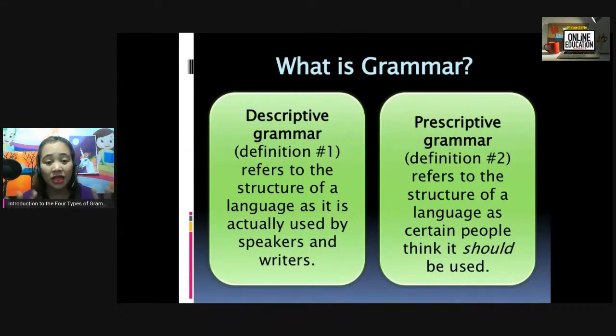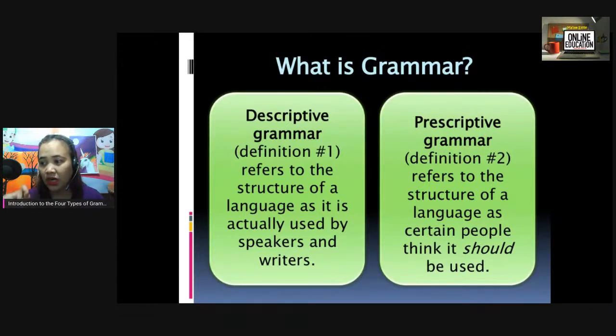So, descriptive grammar: the structure of a language as it is actually used by speakers and writers. The actual usage of the speakers and writers, ang paggamit. But in prescriptive grammar, it is the structure of a language as certain people think it should be used. This is now the way you think on what should not be used and what should be used.